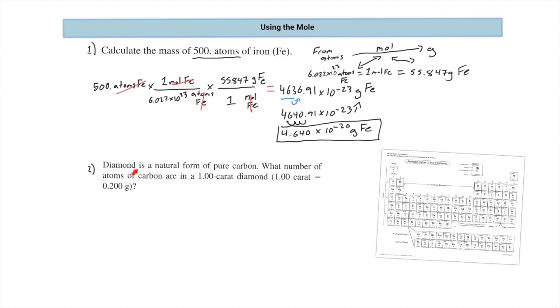Diamond is a natural form of pure carbon. What number of atoms, so we're solving for atoms, of carbon are in 1 carat diamond if 1 carat equals 0.2 grams? This is interesting. It looks like they threw us a conversion factor in here.